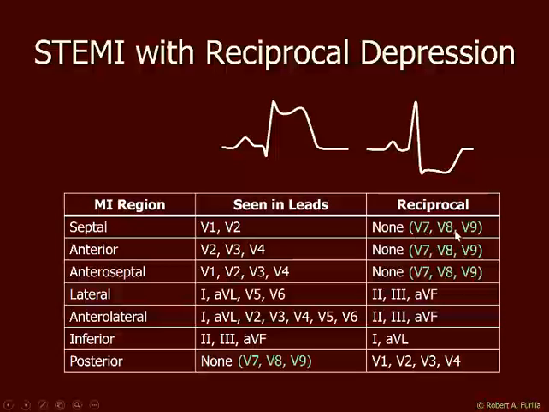However, if we were to put posterior leads V7, 8, and 9, we would likely see a reciprocal depression in the anterior leads. And if we see reciprocal depressions in the anterior leads, we would expect to see a STEMI in the posterior leads. That concludes part 2 of this talk on ischemia.